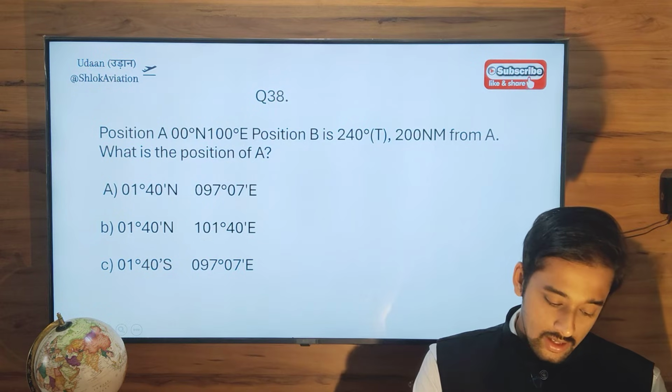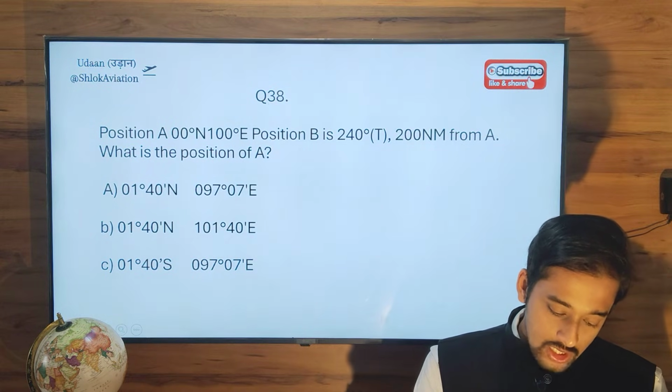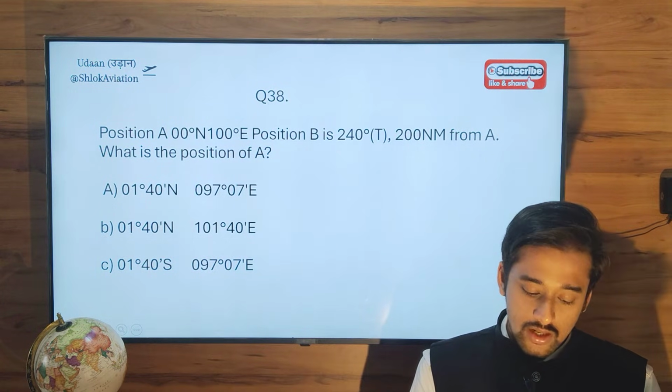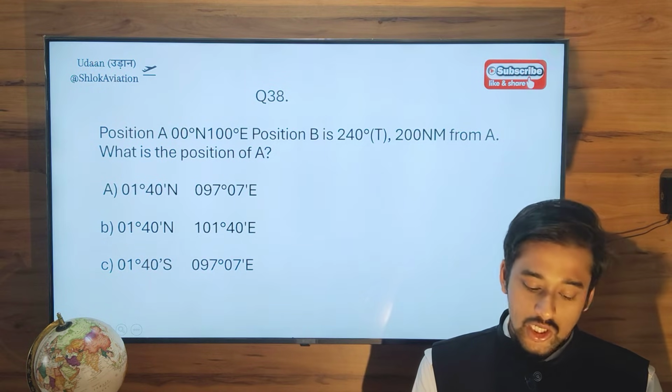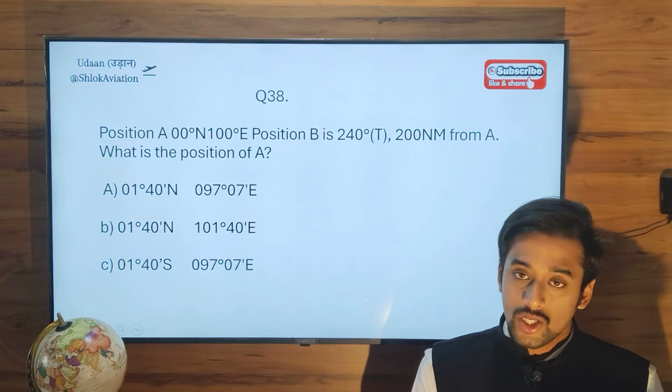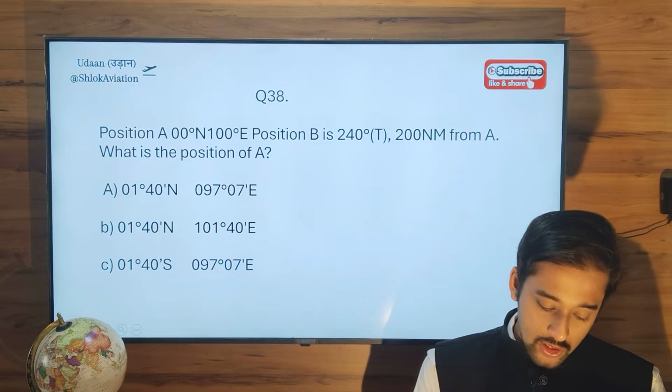The sequence is wrong. So position A is given, position B is at a direction of 240 at a distance of 200 miles from A. What is the position of B?